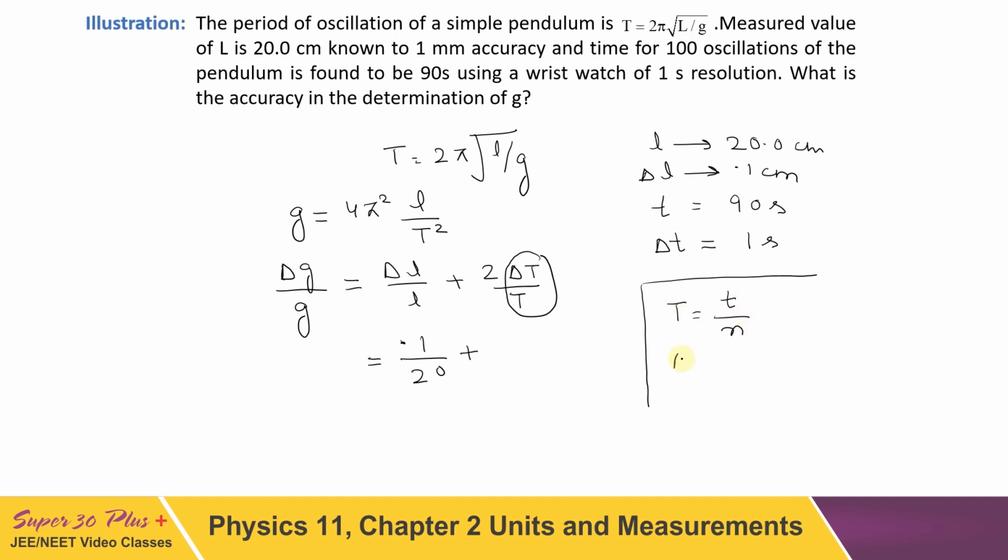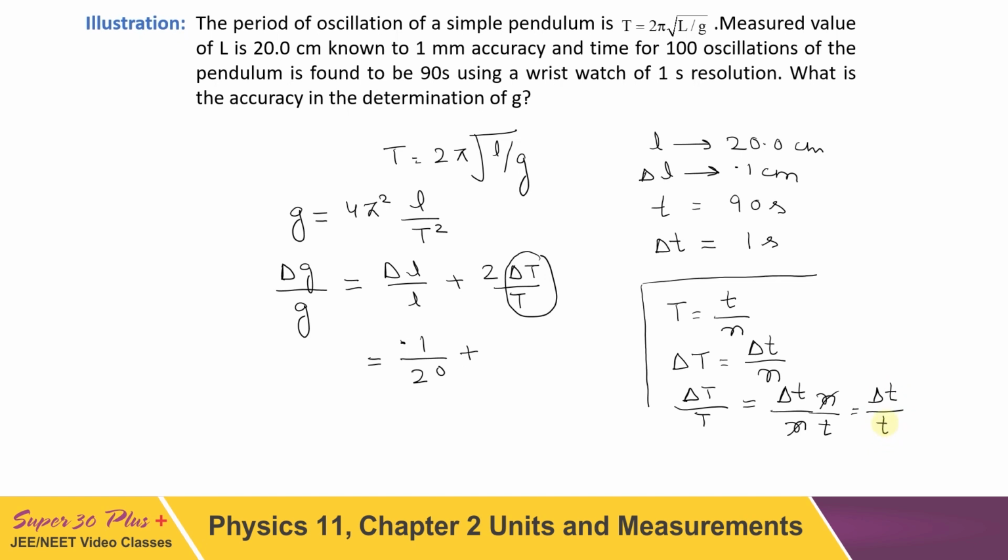Now let us see. If you write delta T, that would be equal to delta t upon n. So if we write delta T upon T, that is relative error in time period, it will be equal to small delta t upon n divided by small t upon n. N got cancelled and we got small delta t upon small t.